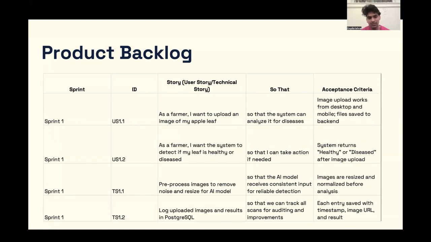Each image is pre-processed, noise is removed, and the dimensions are standardized to fit the AI model perfectly. Image logging for tracking: every uploaded image is logged in PostgreSQL, complete with timestamps, the image URL, and the diagnosis result. This keeps everything organized and auditable for system improvement.